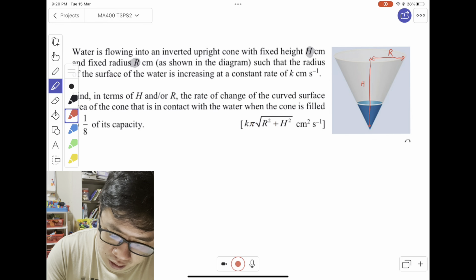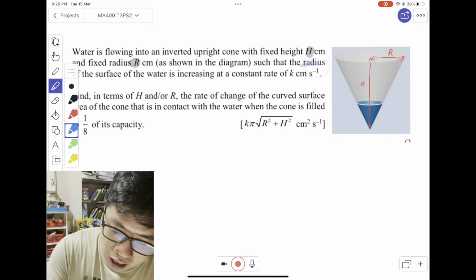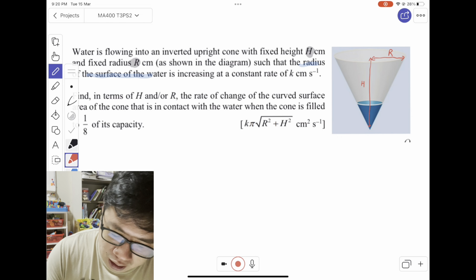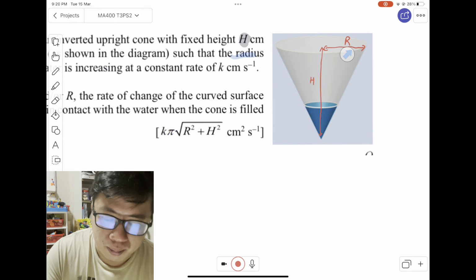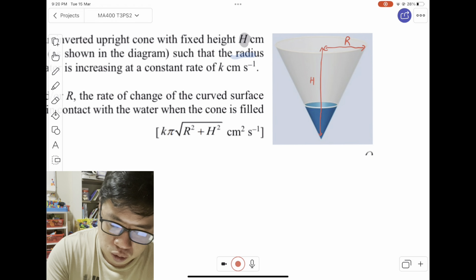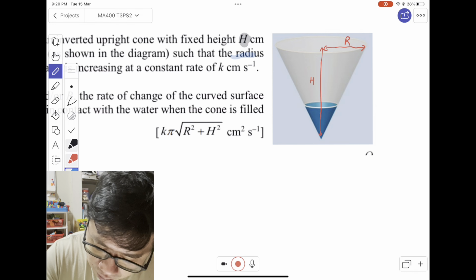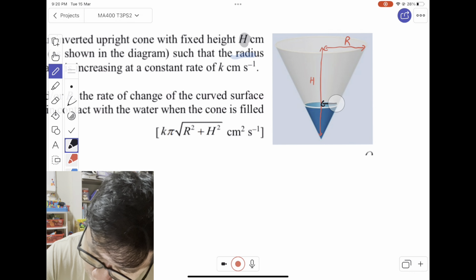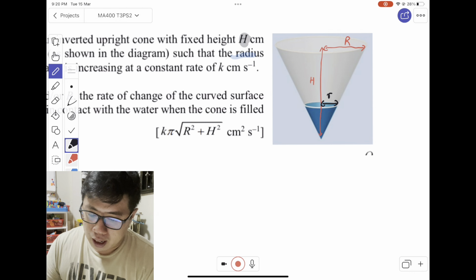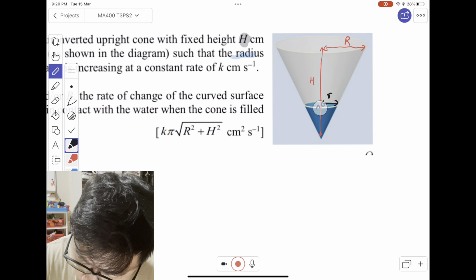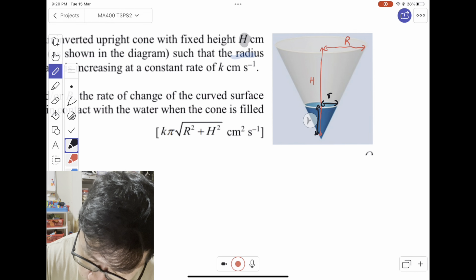Let me take this radius of the surface of the water. Since the capital R is already used, I'm going to call this small r over here, and similarly, the height of the water surface, I'm going to call it small h.